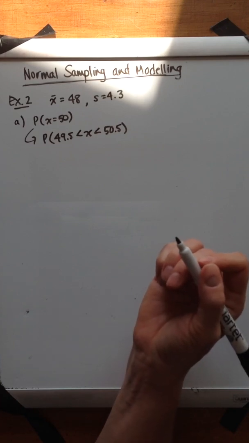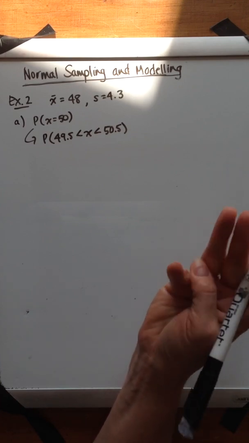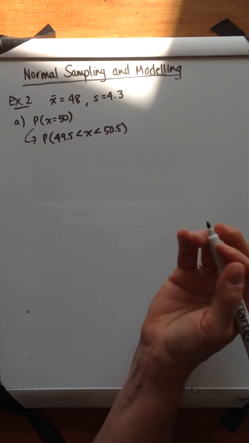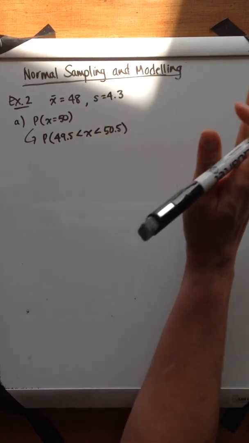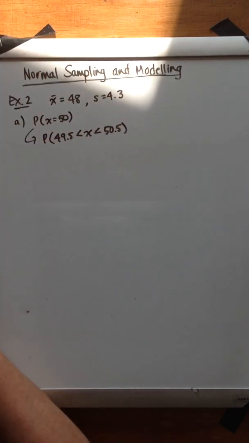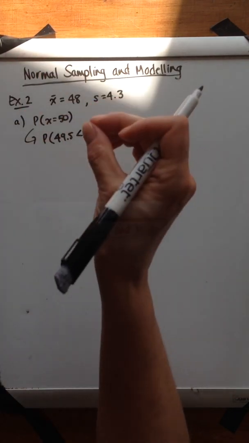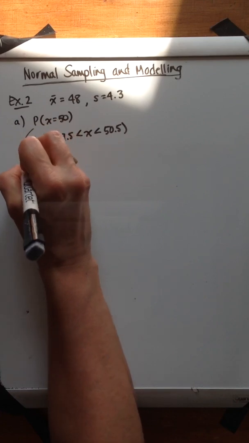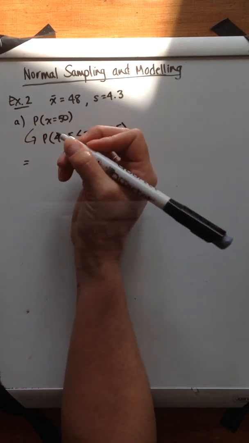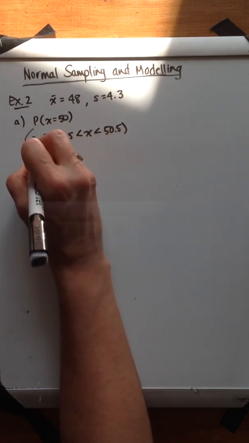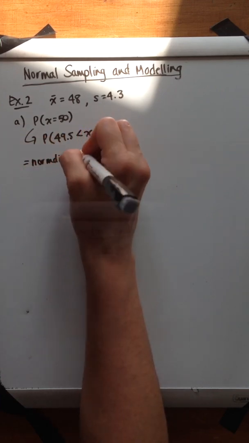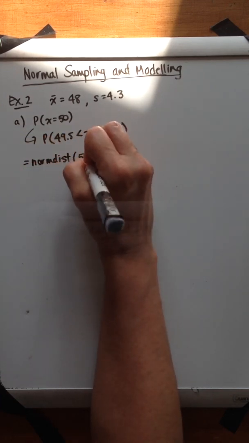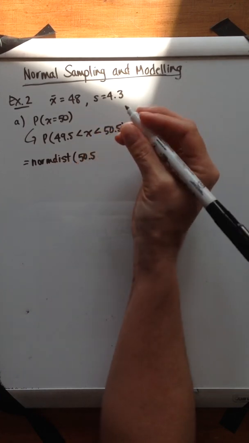I'm going to go straight to using Google Sheets because again, I'm assuming you have it open. So in Google Sheets, I need to take the area of all of this, subtract the area of this to get the difference, or get that wedge. So I'm going to punch into any cell of Google Sheets equals NORM.DIST, and let's find the area of the curve from 50.5 to the left and smaller.